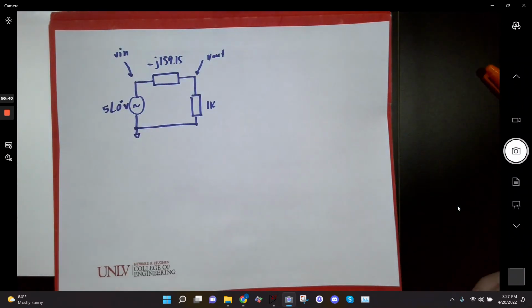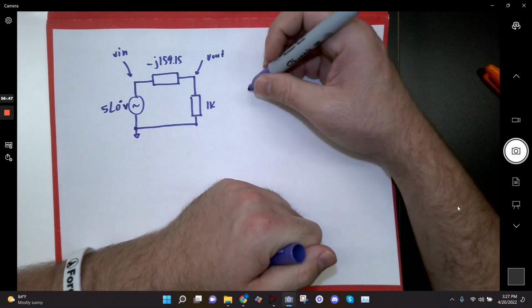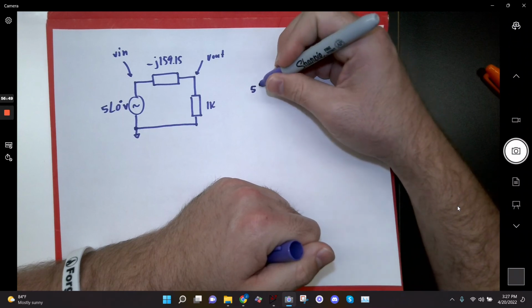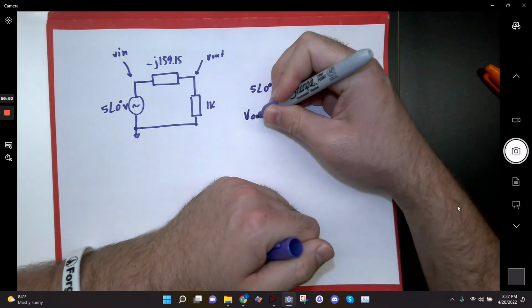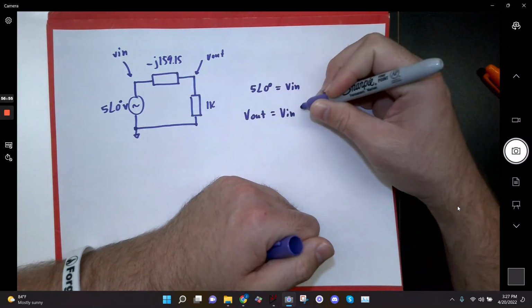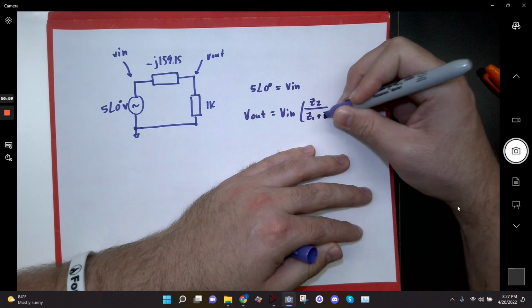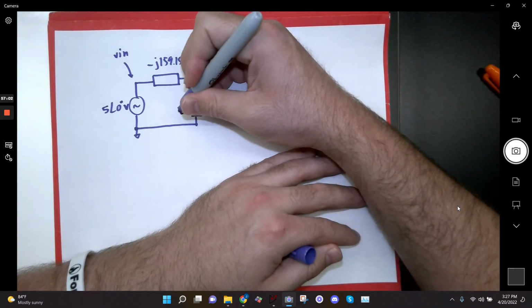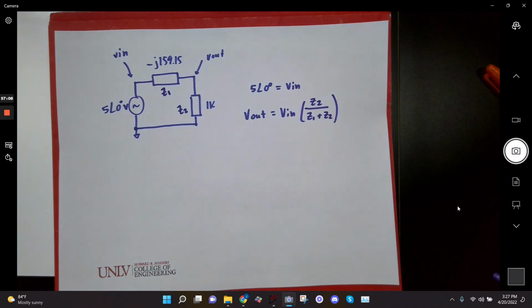All right. So if I want to do a voltage divider, that would be my 2 impedances. I would treat them like 2 resistances, right?